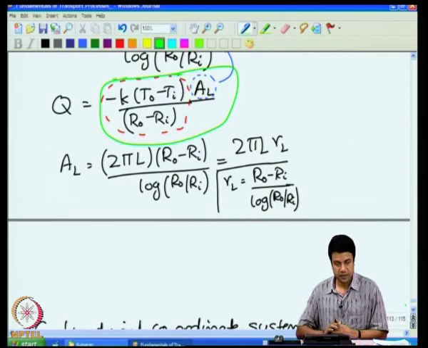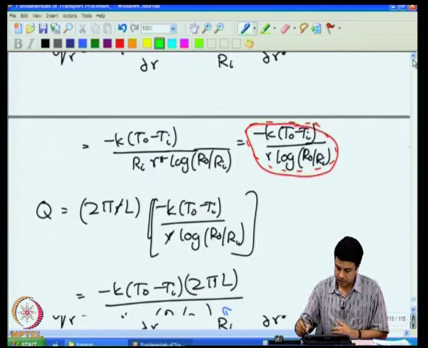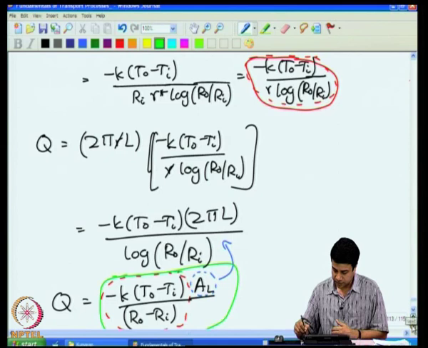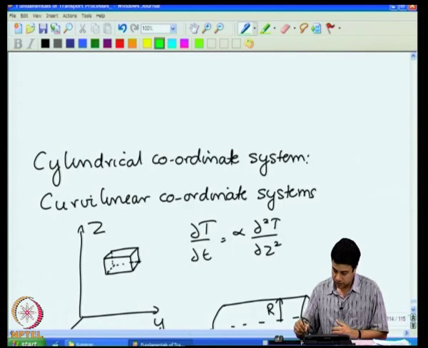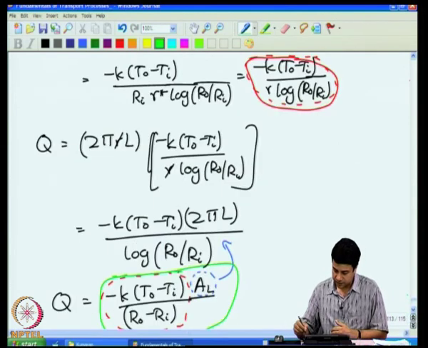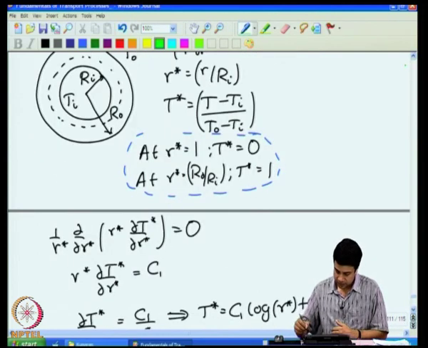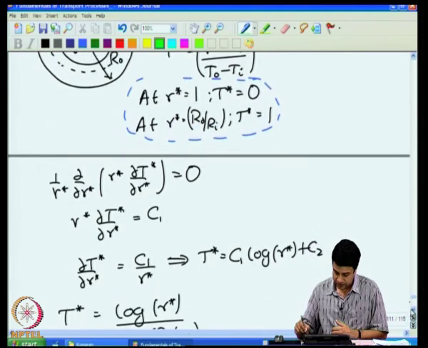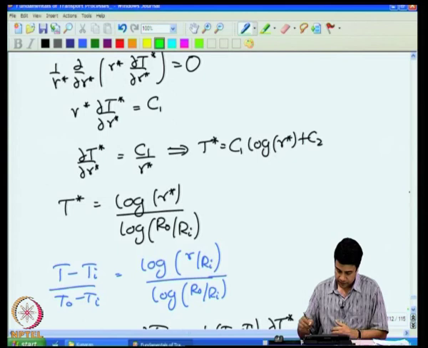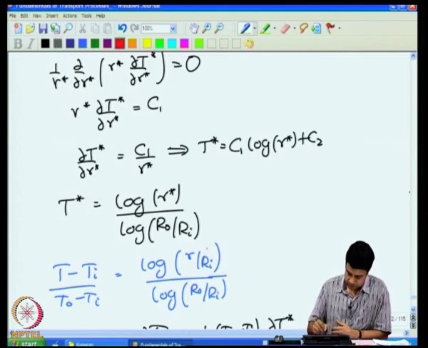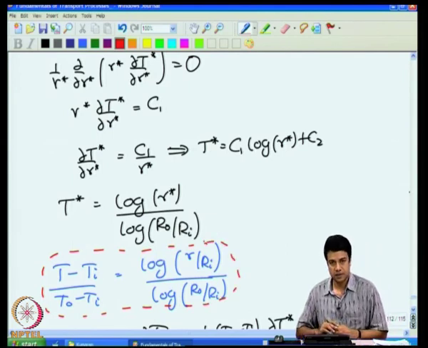Now, this exact same expression between the heat flux and the temperature difference will also work for the relationship between the mass flux and the concentration difference. This same expression for the concentration profile, the scaled concentration field, will also work when we write a relation between the concentration and radius for a mass diffusion problem.